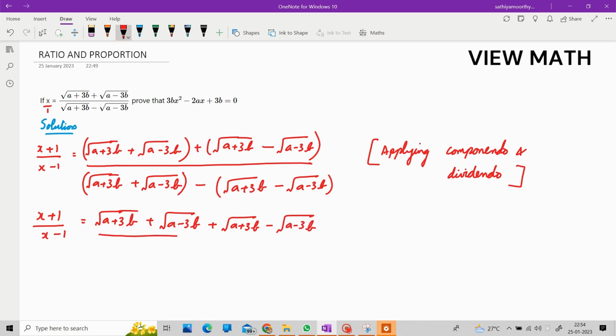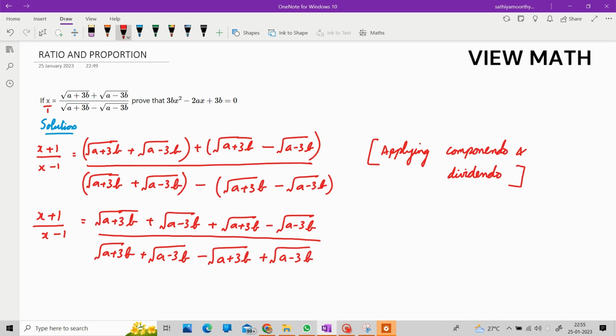Now divided by square root of a plus 3b plus square root of a minus 3b. Now minus sign I am going to bring it inside the bracket. So minus square root of a plus 3b, minus into minus is plus square root of a minus 3b.